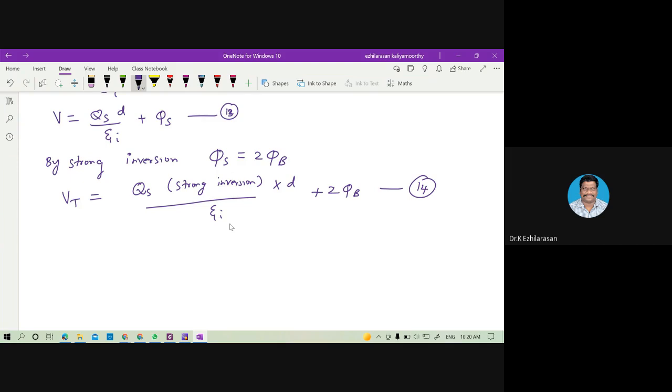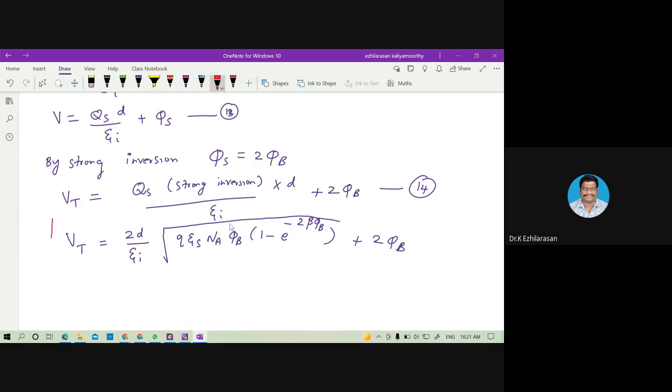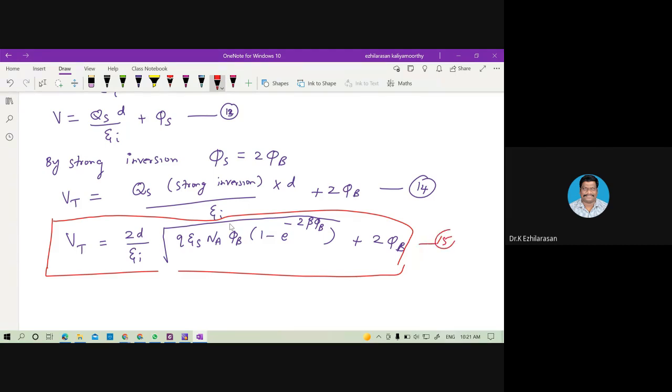Now VT can be written as 2 divided by epsilon I, square root of q epsilon S N A phi B (1 minus e to the power minus 2 beta phi B) plus 2 phi B. This is equation number 15, for the ideal threshold voltage.